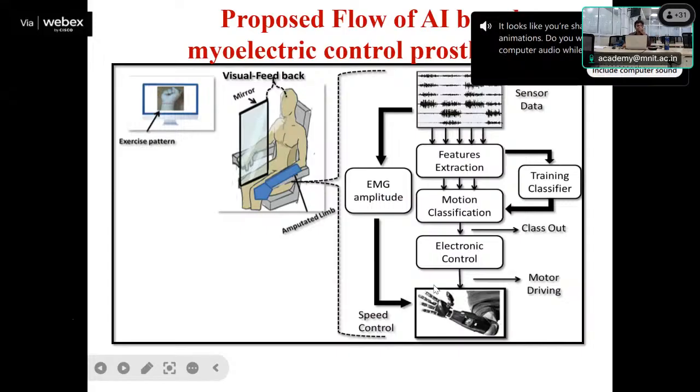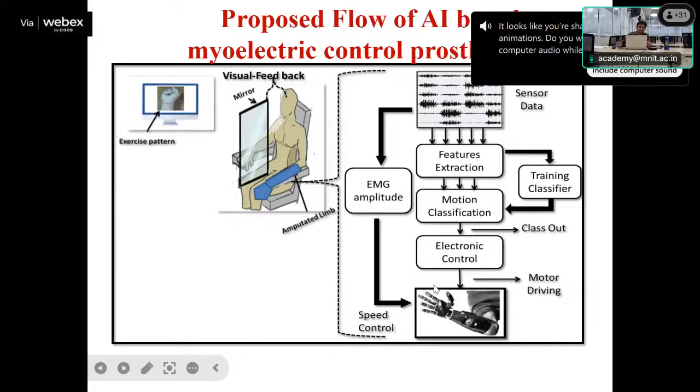Now, for every arm activity there is a different impression in your brain. We have seen in the EEG, there is a left hemisphere and a right hemisphere. So there will be a different impression observed for the left hemisphere and right hemisphere when I want to do a movement of the left arm.